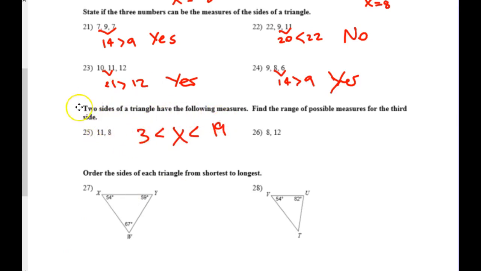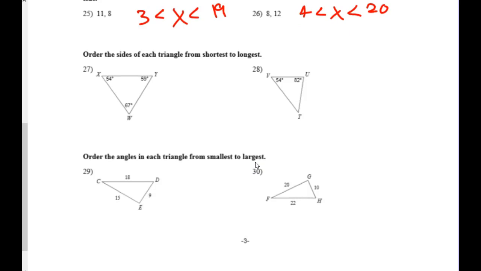And then on the right, we're going to add 11 plus 8. So x is between 3 and 19. Okay. On 26, 12 minus 8 is 4. 12 plus 8 is 20. So 4 and 20 are my limits there. So 4 is less than x is less than 20.